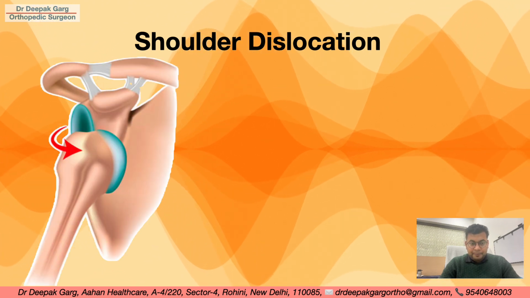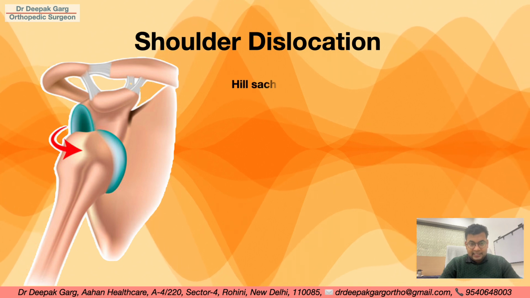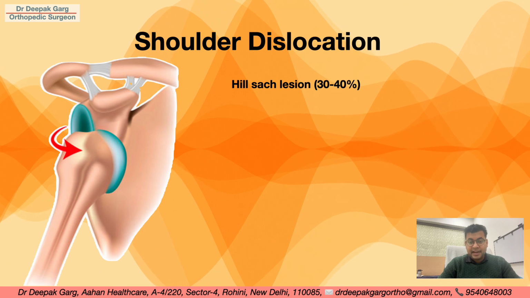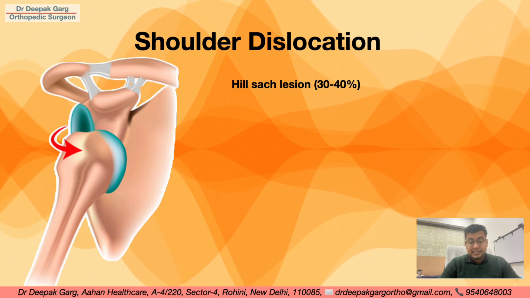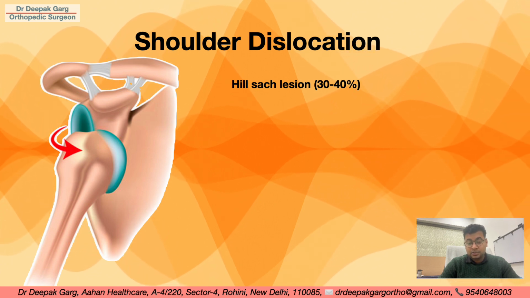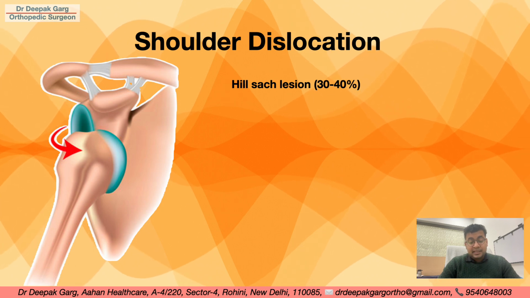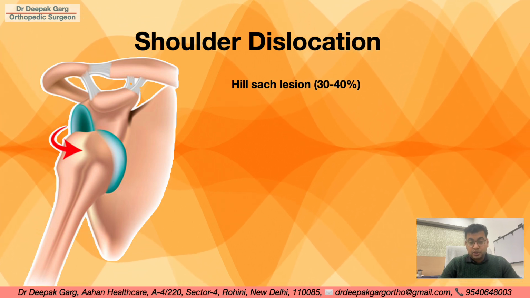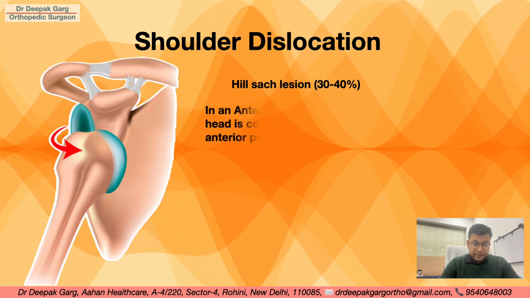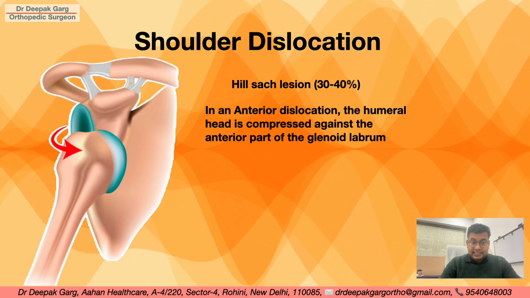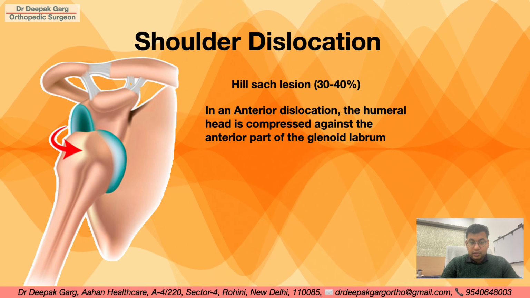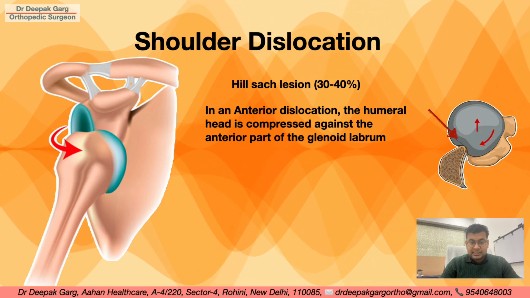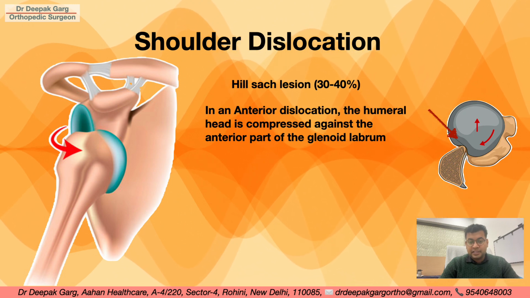Now, what is a Hill-Sachs lesion in an anterior shoulder dislocation? When a patient has an anterior shoulder dislocation, either the first time or recurrent, he may have a Hill-Sachs lesion. The chances are approximately 30 to 40%. In the Hill-Sachs lesion, in an anterior dislocation, the humeral head is compressed against the anterior part of the glenoid labrum.